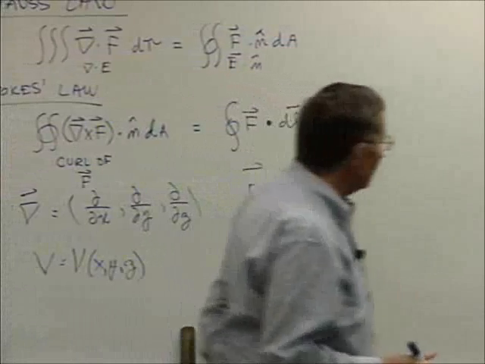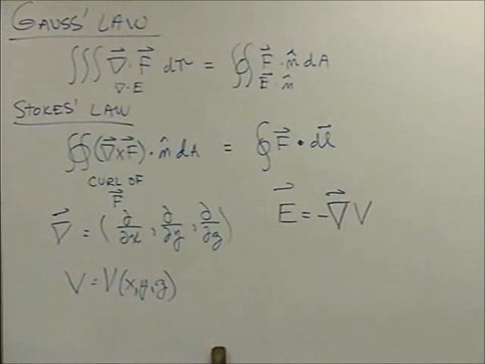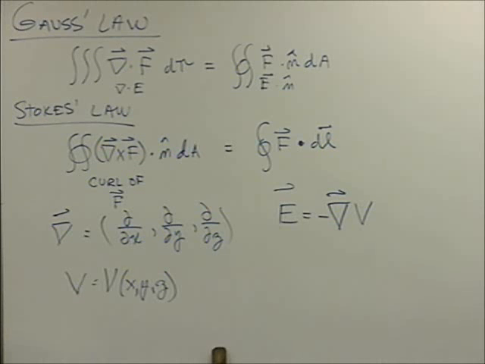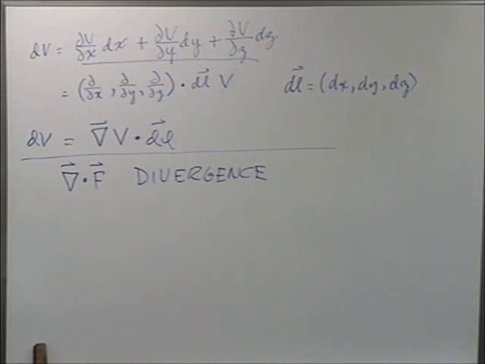this is called divergence. Okay, the divergence of a field is the net outflow out of a volume. So if you take a volume, the divergence, if you integrate over the volume, is a net outflow.